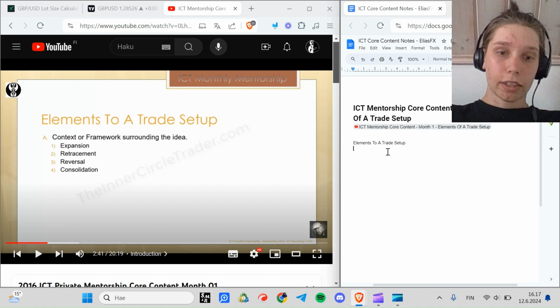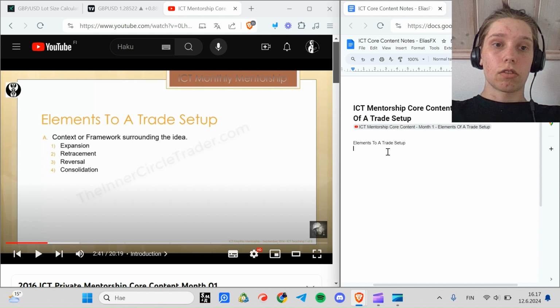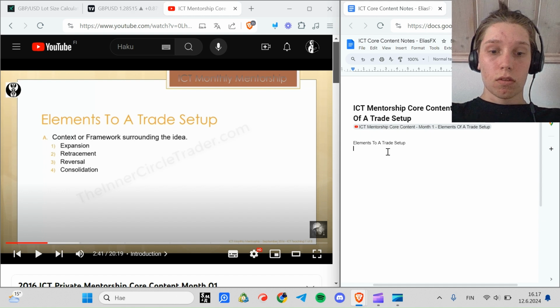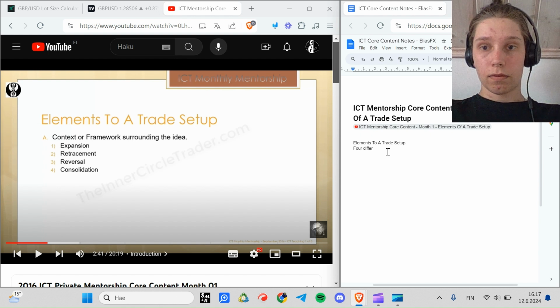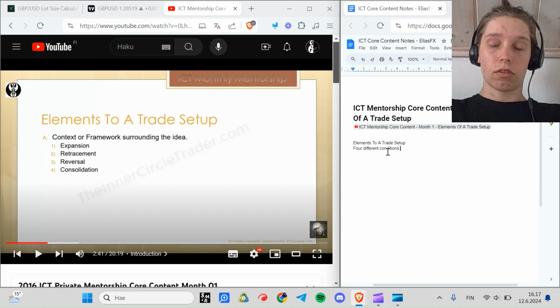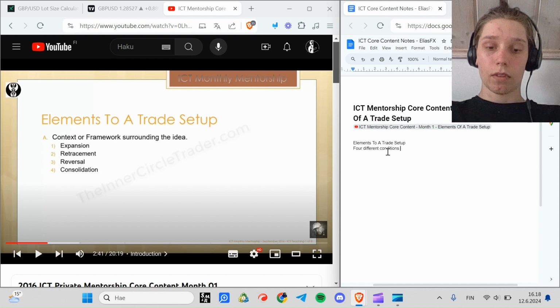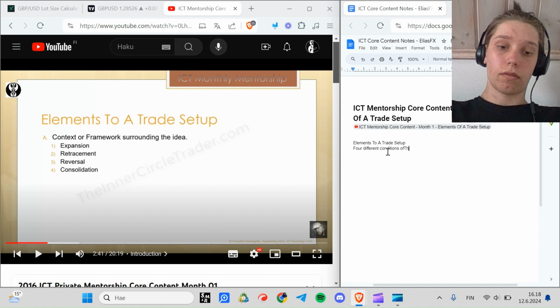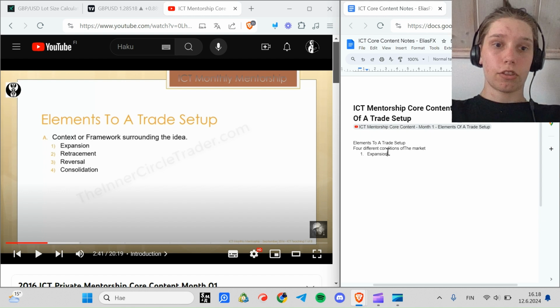So we are actually going to put out here that elements to a trade setup: we have four different conditions of the market. One, expansion.